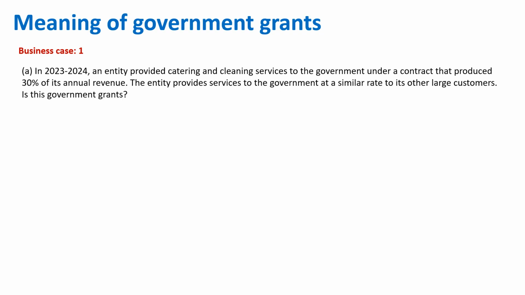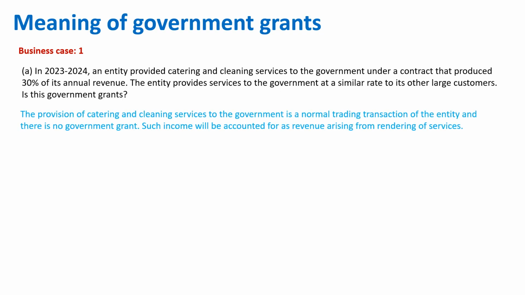So what is happening here? There is a catering company providing catering and cleaning service to the government under a contract that produced 30% of its total revenue. The entity provides services to the government at a similar rate compared to other large customers. That means there is no difference in the charge, correct? Now, whether this is a government grant.